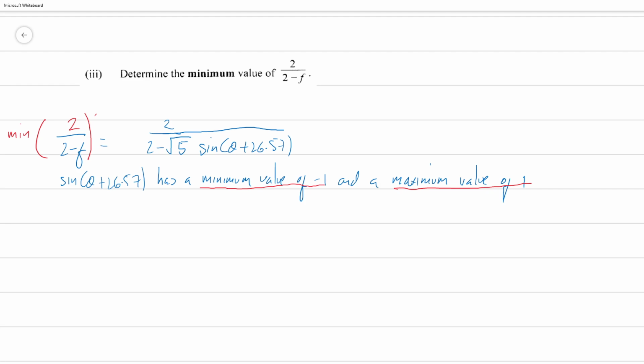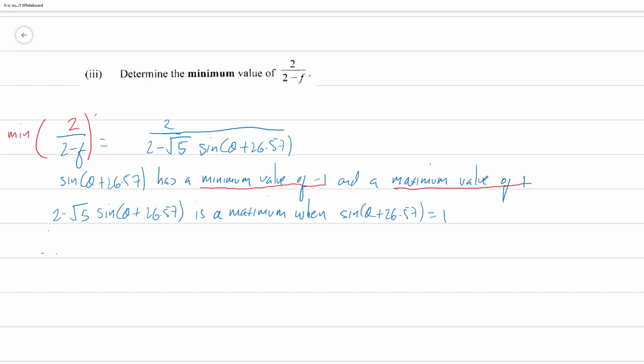So you could say 2 minus root 5 sine of theta plus 26.57 is a maximum when sine of theta plus 26.57 is equal to 1.